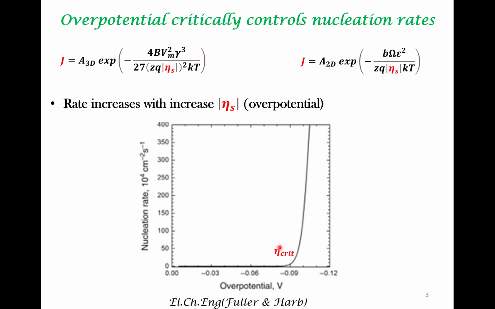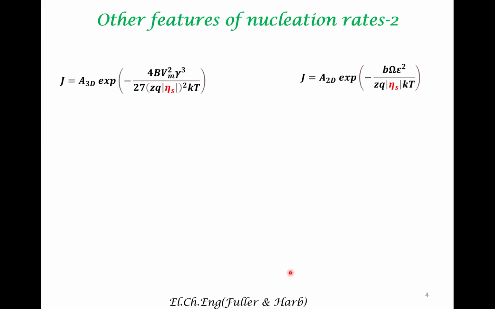The electrodeposition occurs at the cathode, so these are all negative numbers. So this is an important feature. There is some minimum overpotential that is required for observing and measuring nucleation.